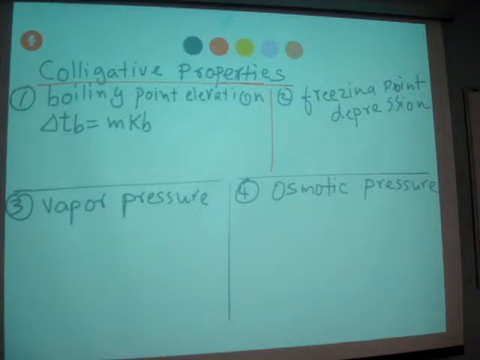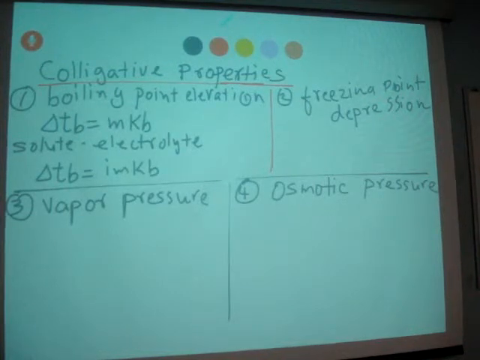And if we have a solute that is an electrolyte or ionic form, we can write delta T B equals i m K B. Now we know that m is molality, K b is the boiling point constant, and if i is involved, then i is the number of ions in that solution.